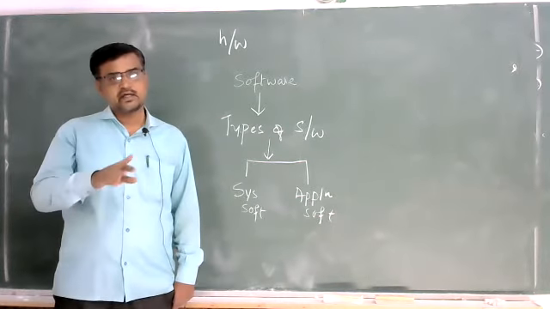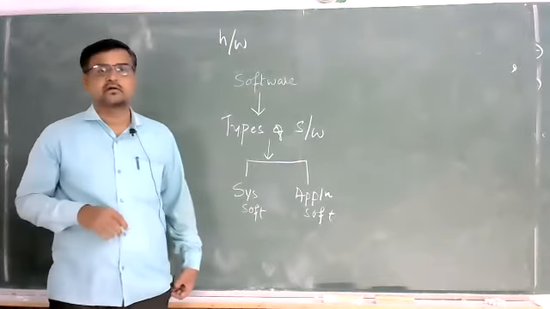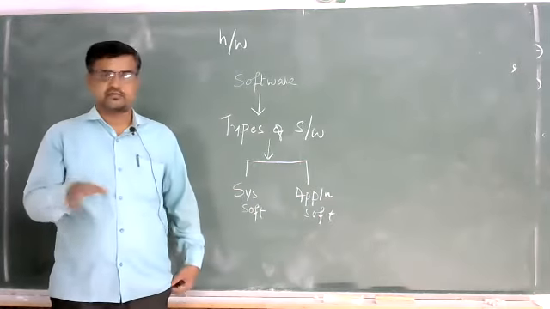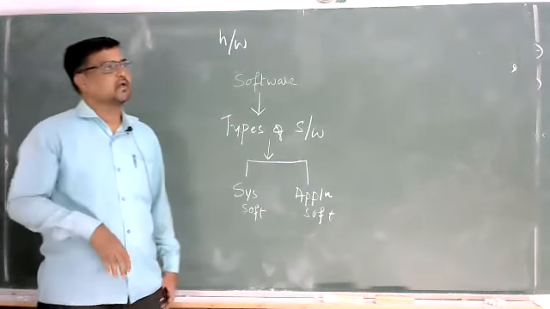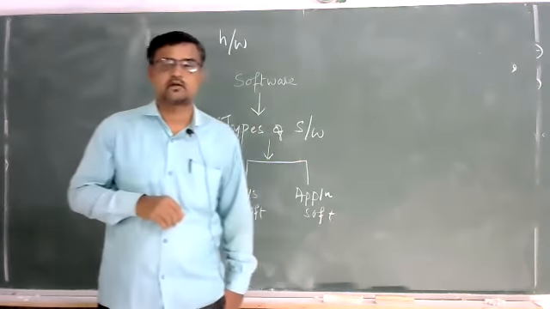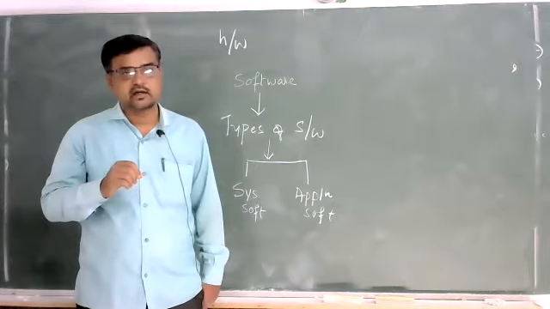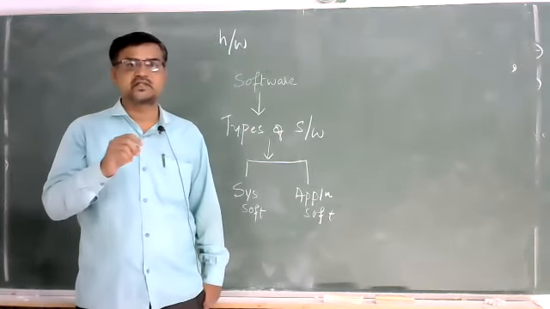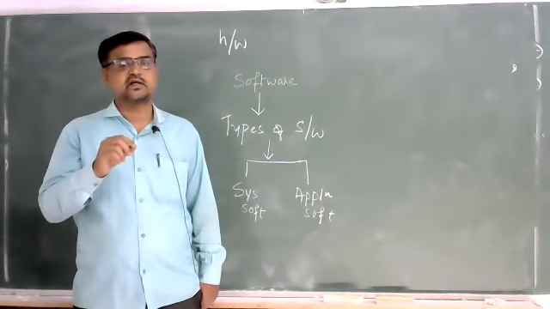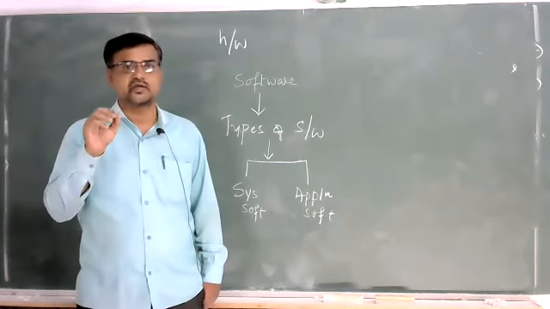So basically, two types. There is one more software which is a part of application software itself, that we call firmware. Now, what does firmware mean? It is related to a single firm, one organization.